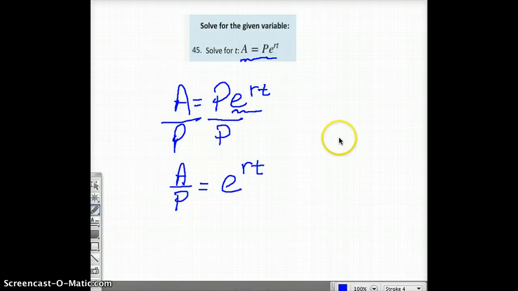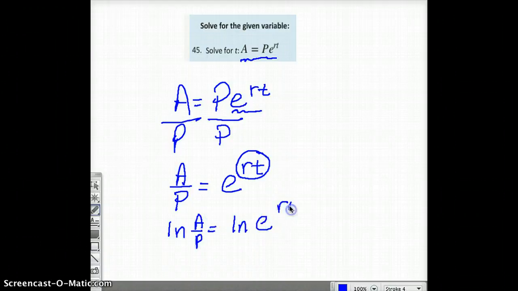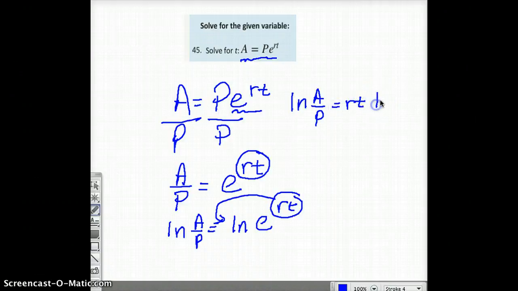I would very much like to get t by itself. The only way to get into this power is to take the ln of both sides. So the ln of A over P is equal to the ln of e to the RT. According to our power rule, we can move that to the front. The ln of A over P is equal to RT times the ln of e. We know that the ln of e is 1.